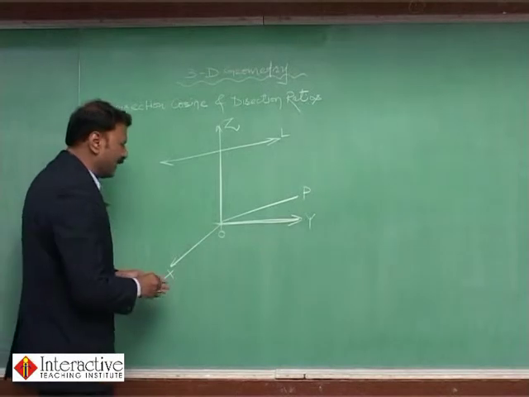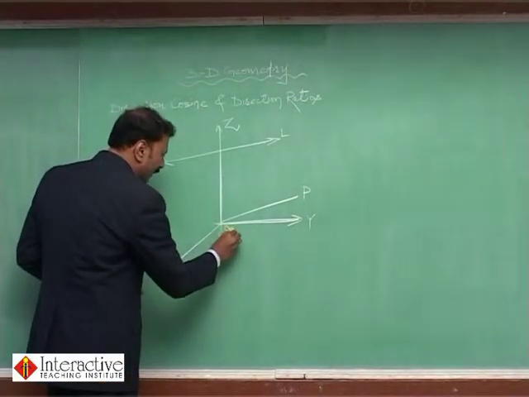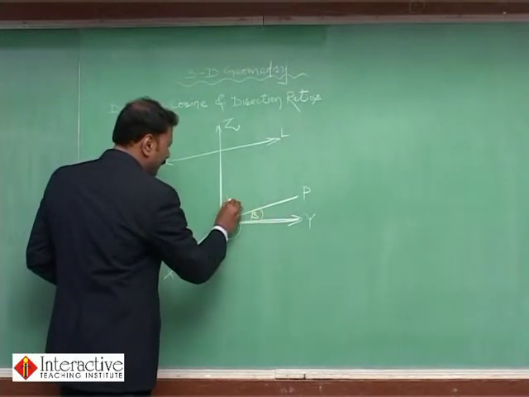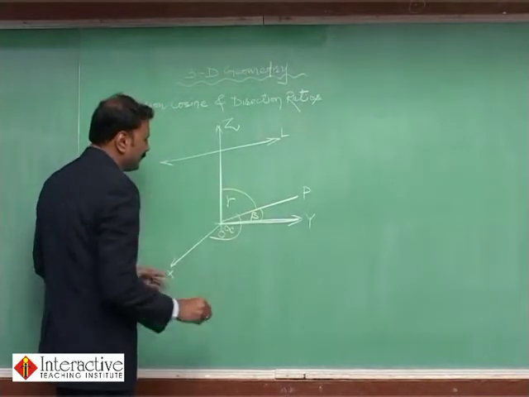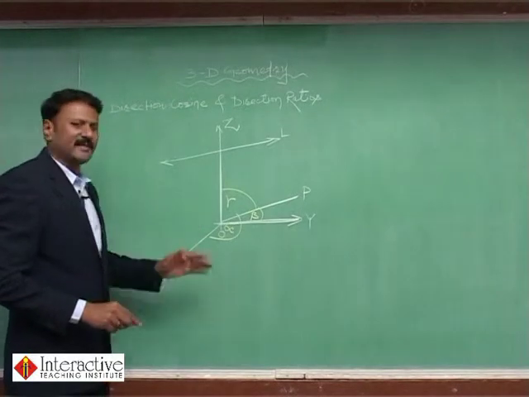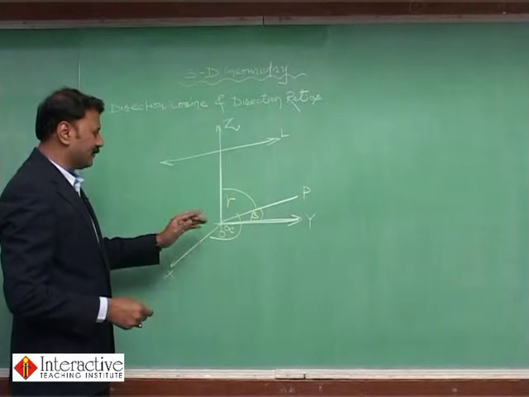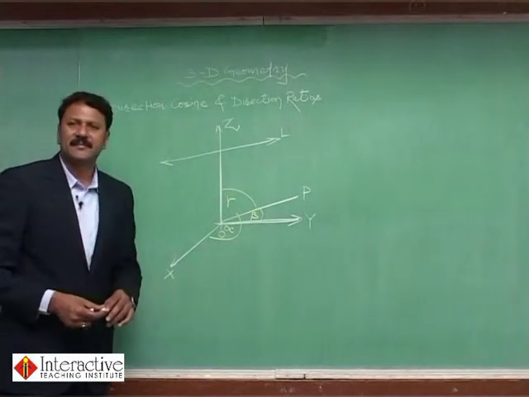Now, if OP is making angles alpha, beta and gamma with x, y and z axis, line L will also make the same angles with x, y and z axis.